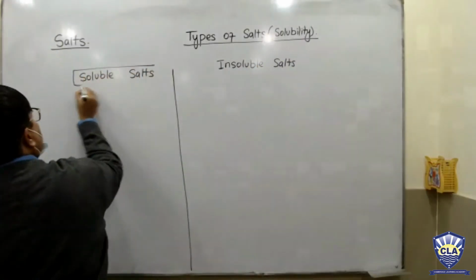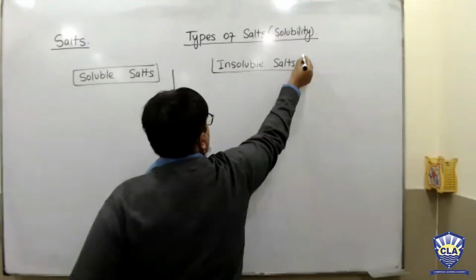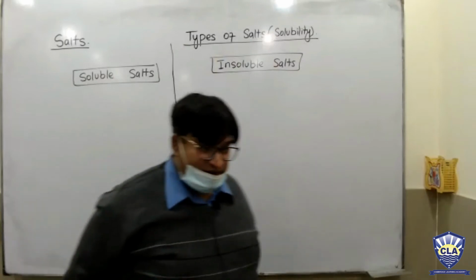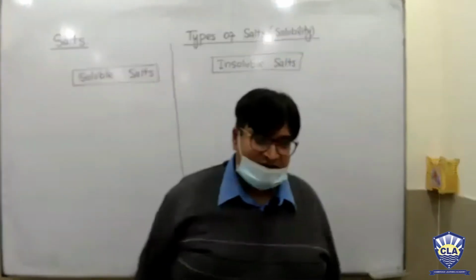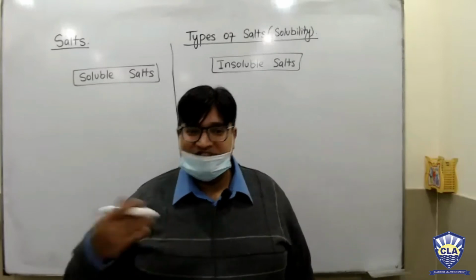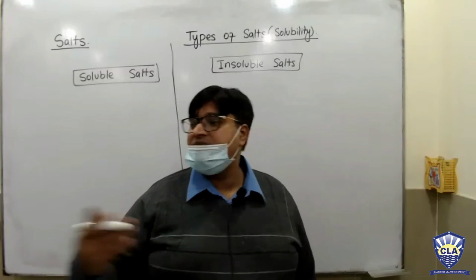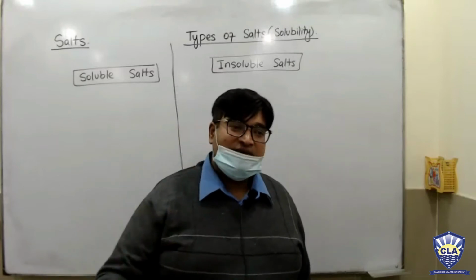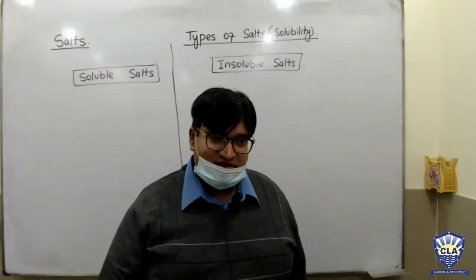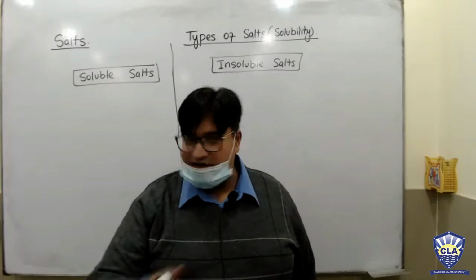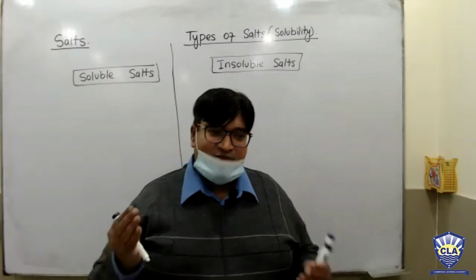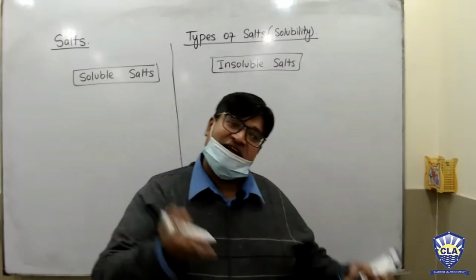Okay, beta, as an ordinary person, if you give your servant any salt and ask him whether this is soluble in water or not, he is going to dissolve it in water and will let you know that this is soluble or insoluble. So ye kaam to an ordinary person can do it.